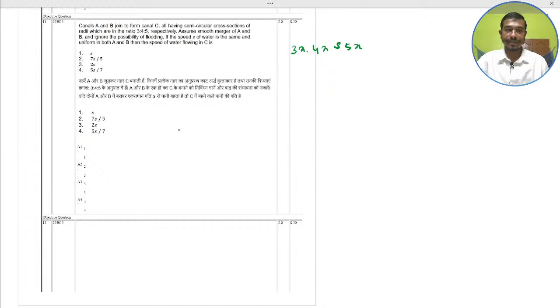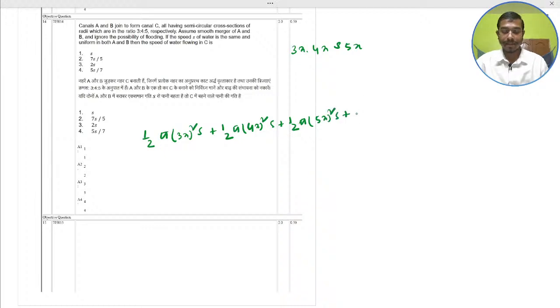So according to the question, I just write here: half pi r square, half pi (3x) square into s plus half pi (4x) square s equals, by the question, half pi (5x) square into v.